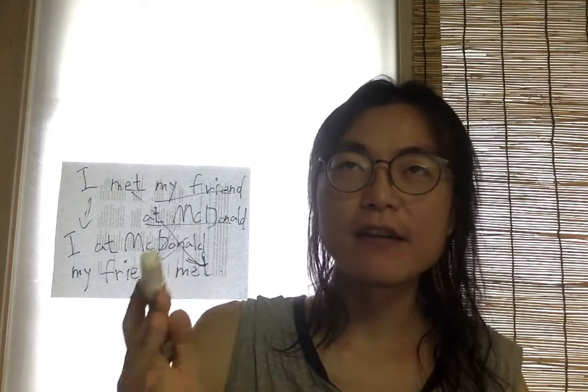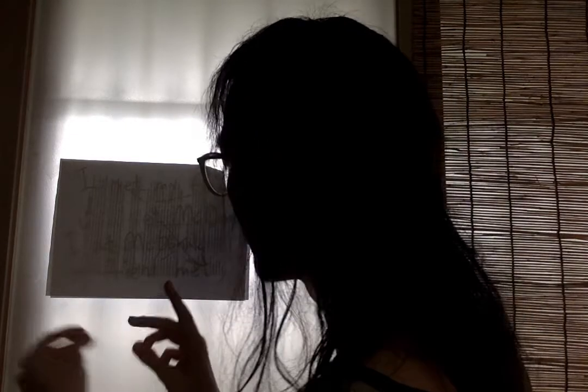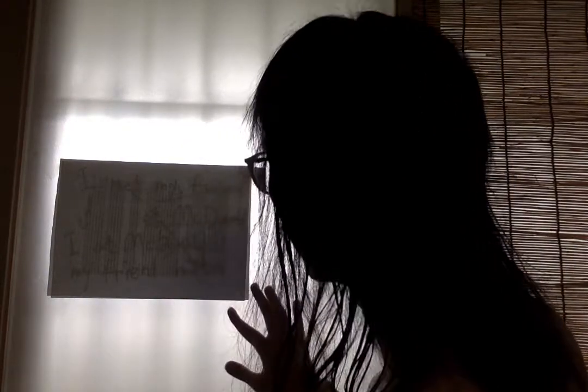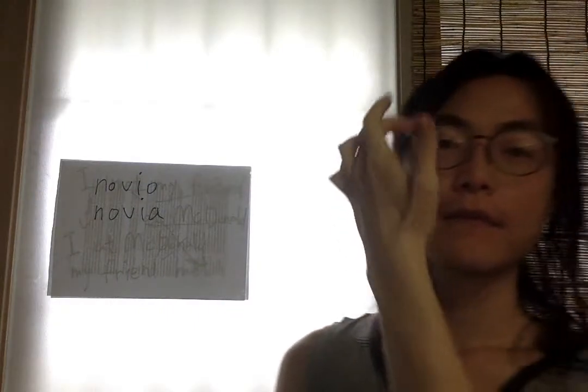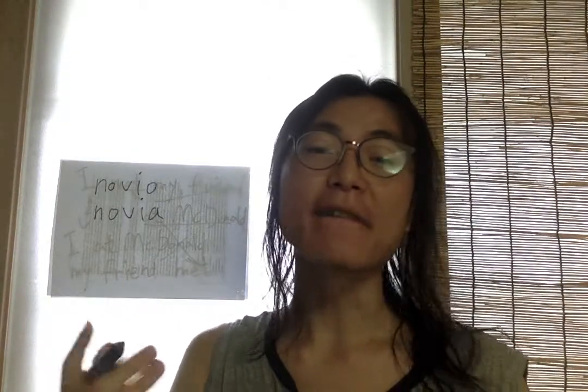It is easy when the gender is so obvious, such as novio or novia. Novio is boyfriend and novia is girlfriend. Boyfriend is obviously a male and girlfriend is obviously a female.